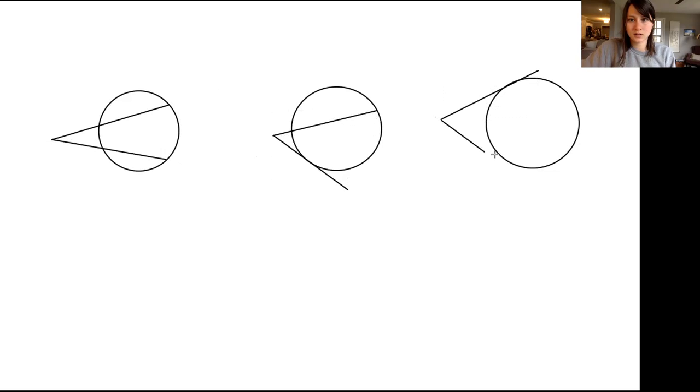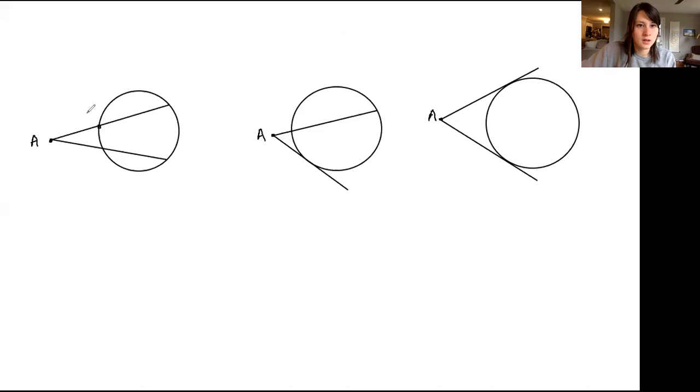I know this doesn't look quite right. Let's see. That's a little bit better, right? 2 tangents, so they just intersect at one point. Okay, so let's talk about what's going on. Let me label this. So let's say the point of intersection for all of them is called A, the point where they intersect.